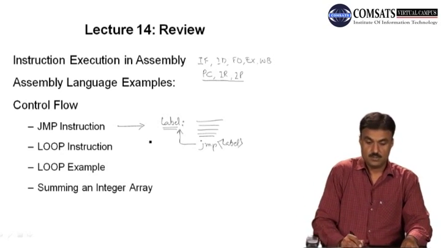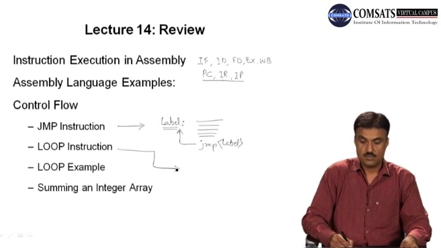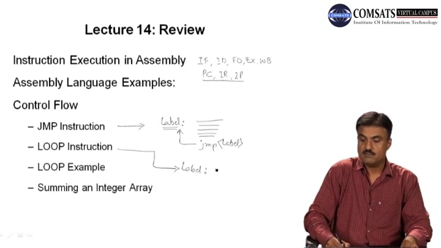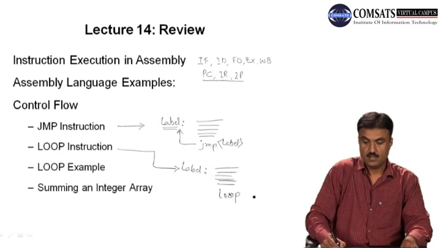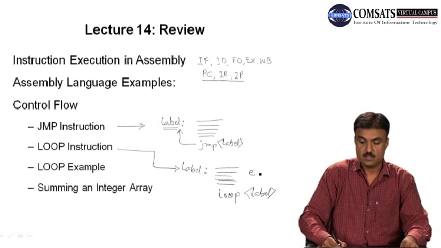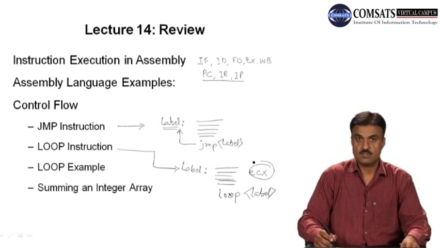Then we also discussed the loop instruction. This is the conditional control transfer instruction. The syntax is almost similar: there was a label, then the program code, and here we use loop and the label. However, during this loop, the register used as a counter was the ECX register.